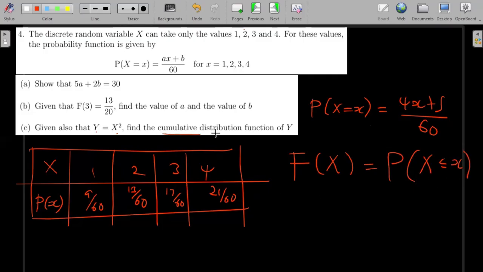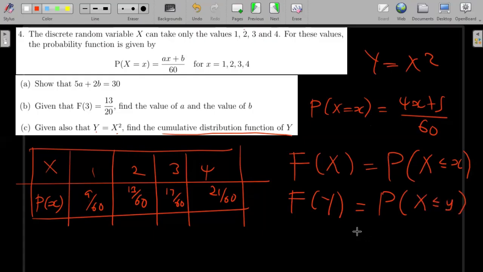So here we want to find the cumulative distribution of y, but y is given as x squared. So we're finding the probability that y is less than or equal to y, and this y here is the same as x squared, so here I can put x squared. So it means we're just finding the cumulative distribution of this guy here.